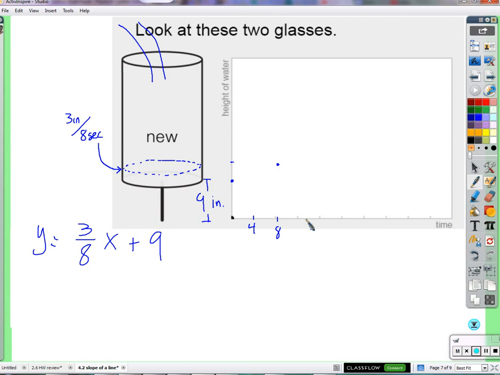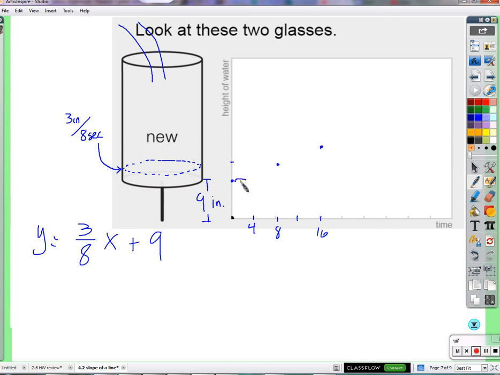8 more seconds go by, and what happens? We go up 3 more inches. And on and on and on. Every time we move over in the seconds direction, 8 seconds in the future, the height goes up 3 inches. Okay?